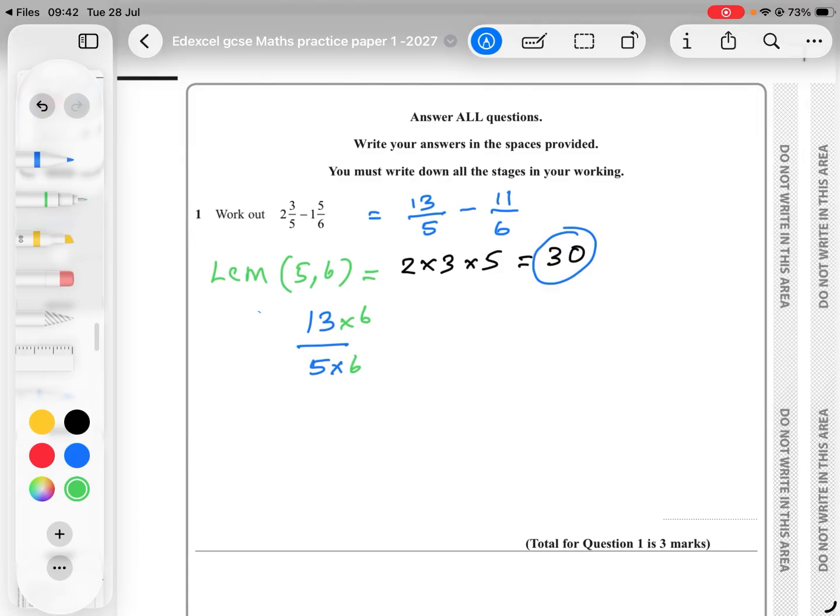Then take away 11. So again, you need to times 6 times 5. So you need to times 11 by 5.